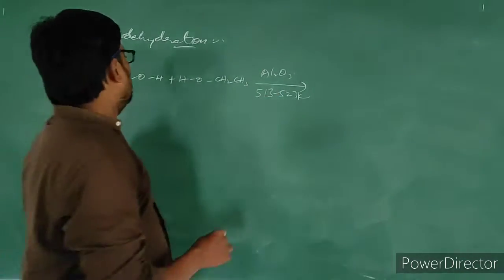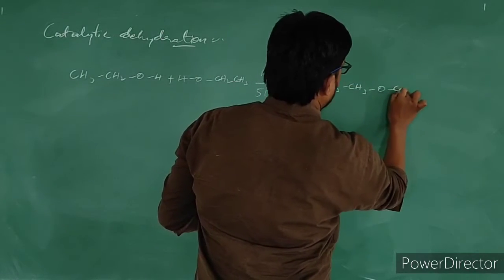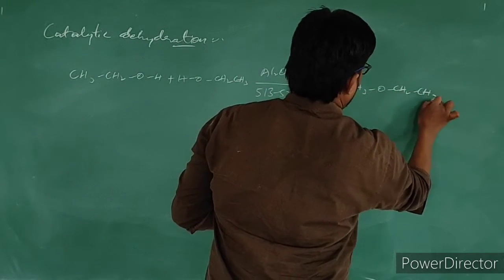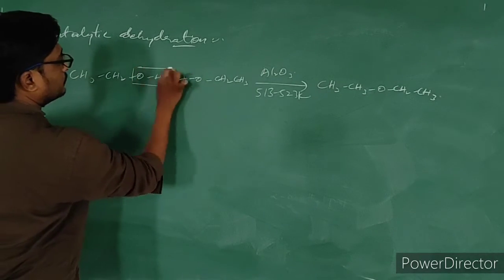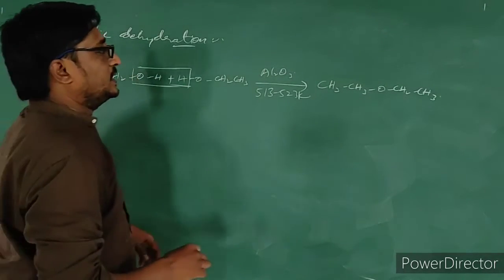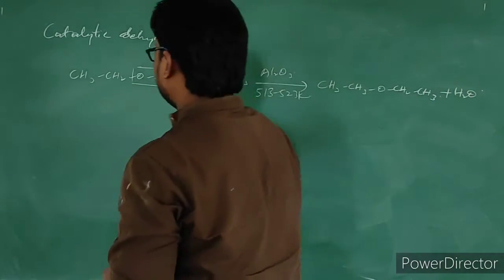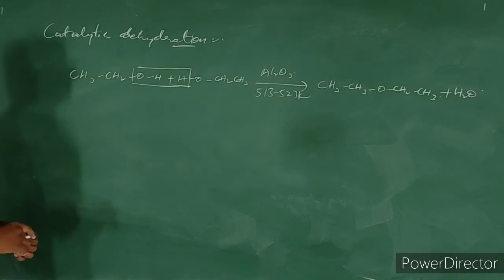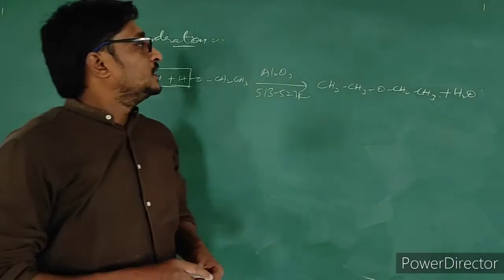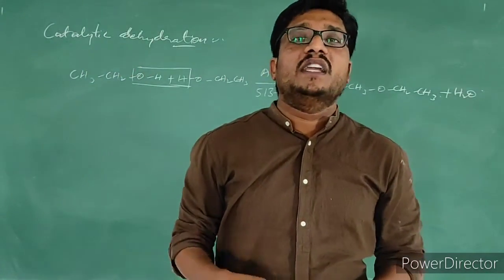Then ethoxyethane gets produced. H2O gets removed in this way. So this is catalytic dehydration. The next thing which we are going to see is Williamson synthesis.